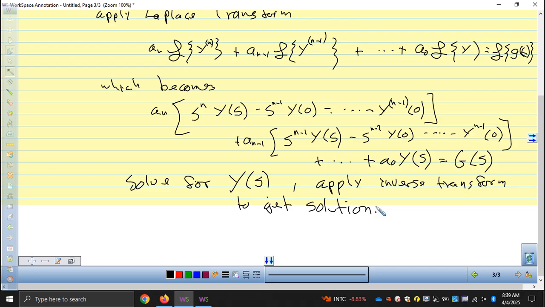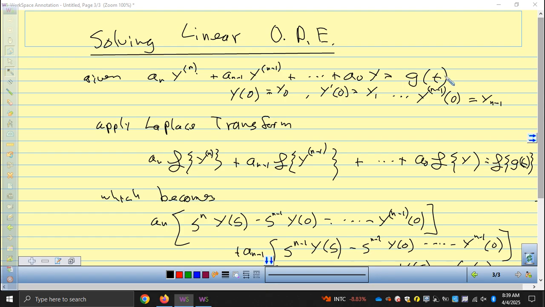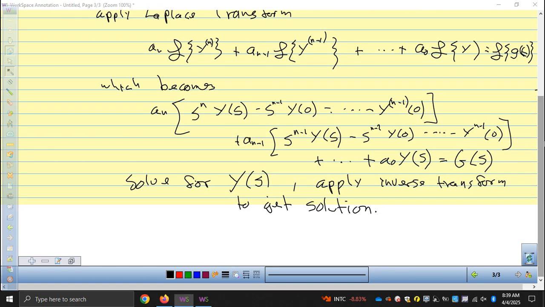And the nice thing we will see is that we can apply the Laplace transform for these functions on the right-hand side to make our equation non-homogeneous. We can apply the Laplace transform, and we'll see that as we move forward, to different kinds of functions that will make it possible to use the Laplace transform when other methods will not work so well.